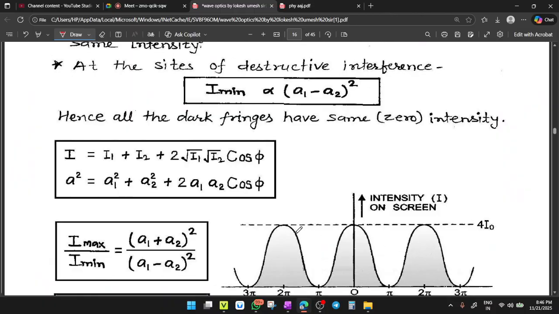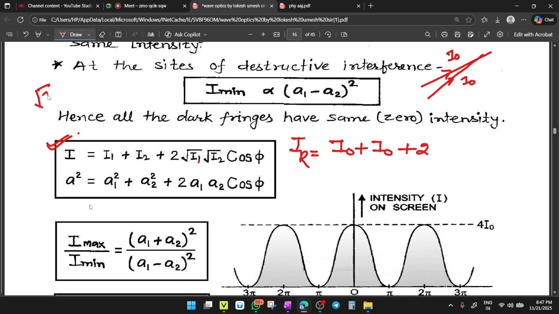So put these values here in this intensity relation. You can also derive this formula by using this: I equals I1 plus I2 plus 2 under root of I1 I2 cos phi. If two waves are interfering at a point, both having intensity I naught, then the resultant intensity IR equals I naught plus I naught plus 2 under root of I naught under root of I naught cos phi. The two square roots cancel each other, and I naught and I naught result in a single I naught.